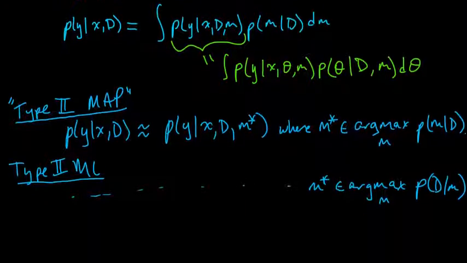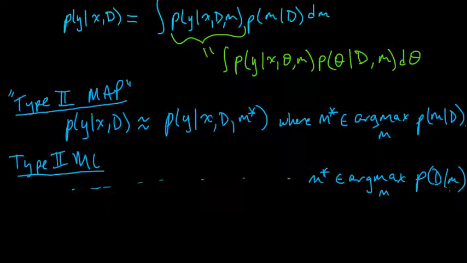You could think about this here as a sort of likelihood function, right? The probability of the data given the model, that's a lot like when we had the likelihood function. A likelihood function was the probability of the data given theta, the probability of the data given our parameters.